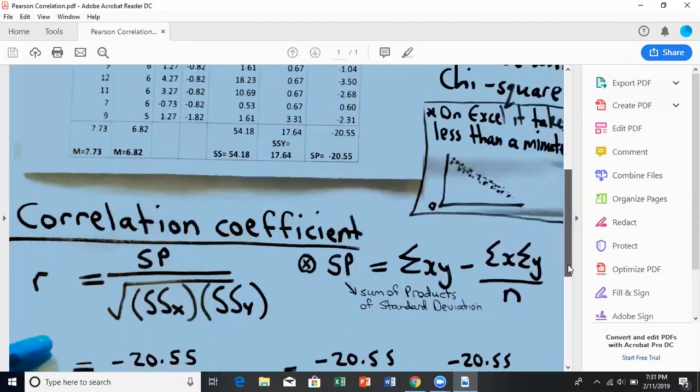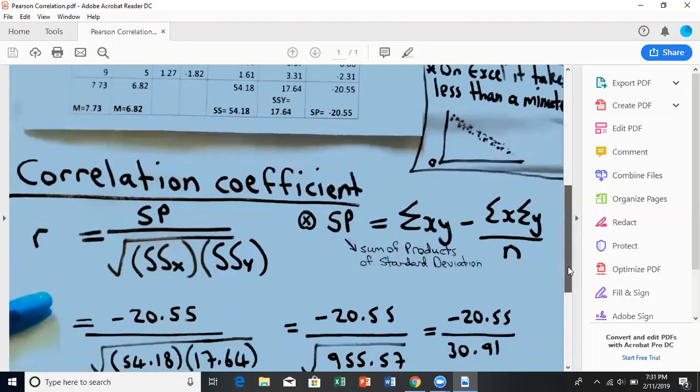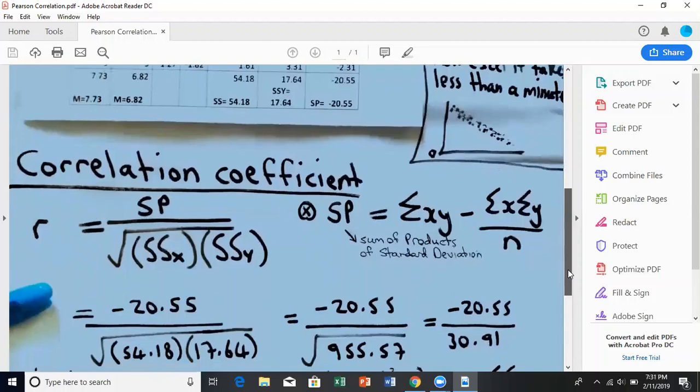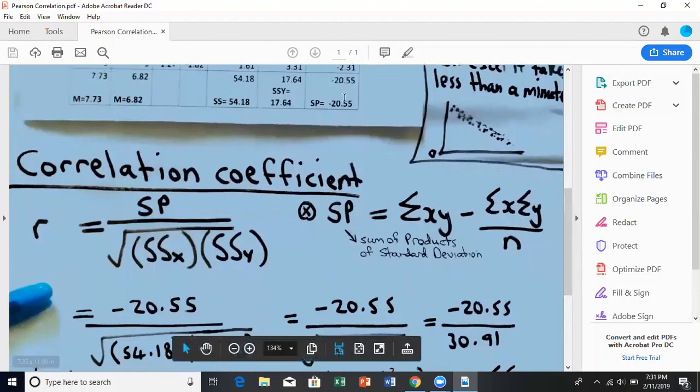So you are substituting the numbers that we have. Let me just move it a little bit here so that you see what we are taking those numbers from. So this minus 20, that's the SP, we have it already. This one, we put it there. And then at the bottom is the square root of the SSX for the X scores, this one, 54.18.